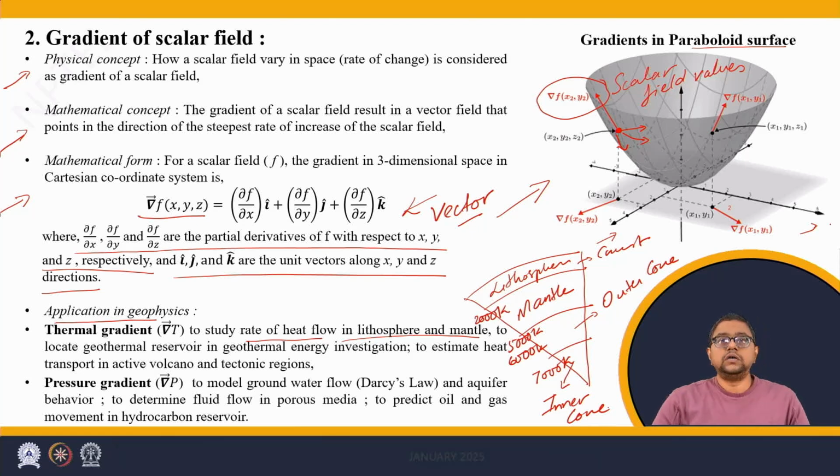So this gradual change in the temperature across the depth of our planet represents the thermal gradient. As a result of this thermal gradient, the heat flows outward from the center of the Earth towards the surface. This is also known as secular cooling.